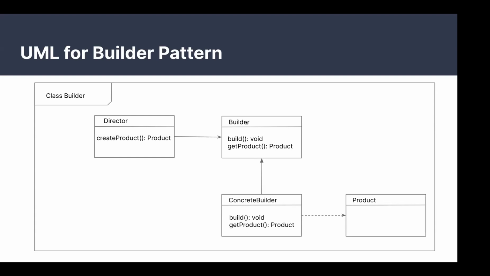In that case, the builder would be an interface or an abstract class that defines the methods which allow users to build parts of the objects. It would also have the method that assembles the final product. So build assembles and gets us a final object. It may or may not have another method which returns an already built thing, which is getProduct. This getProduct is actually an optional method in builders.